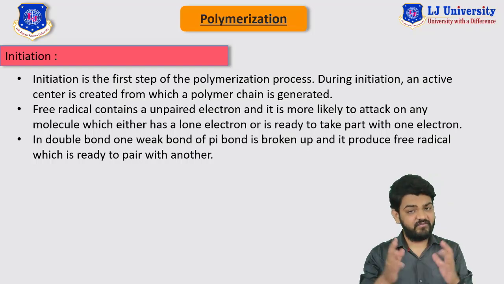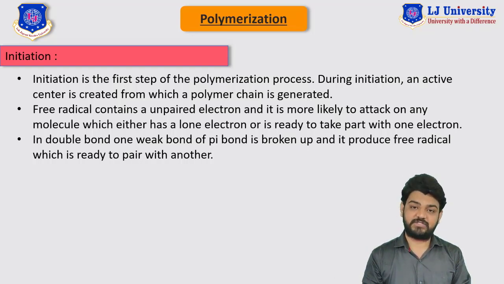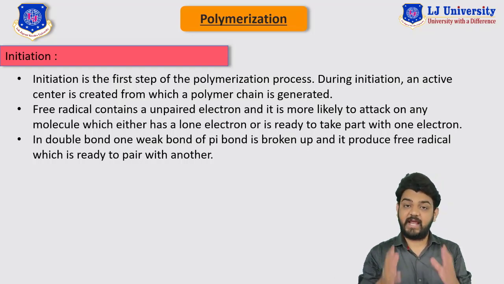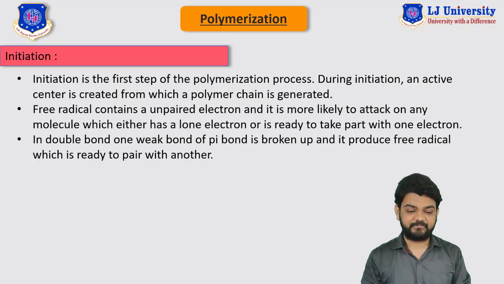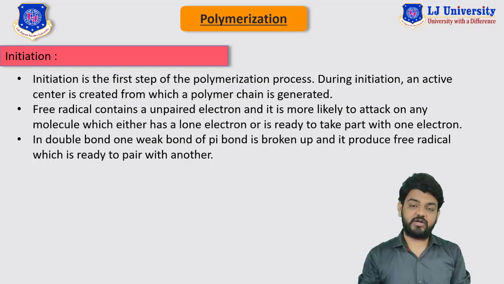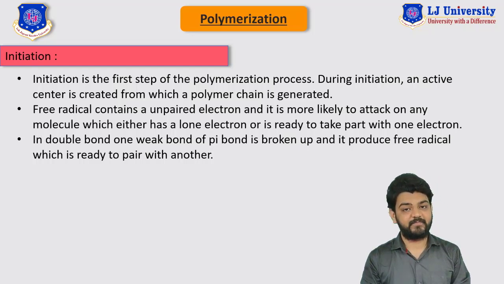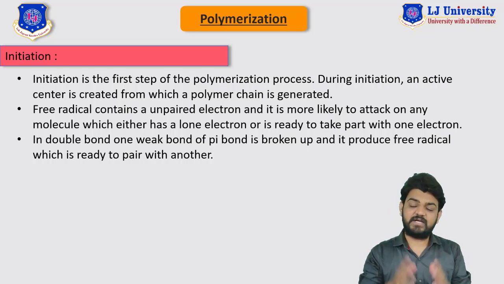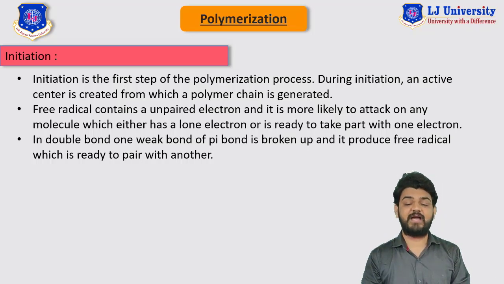Initiation is basically the first step in any polymerization process, and specifically in the addition polymerization process. During initiation, an active center is created on the initiator, or what we call the monomer. Basically, this active center is responsible for the entire polymerization process, and we can generate polymer out of it.